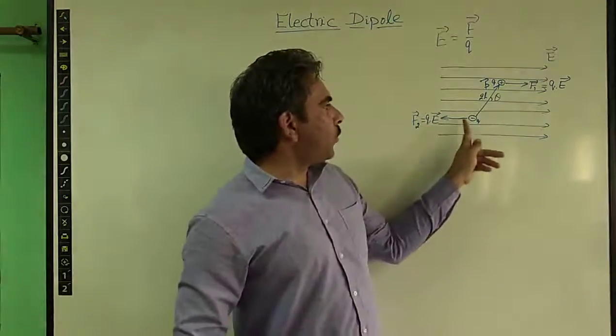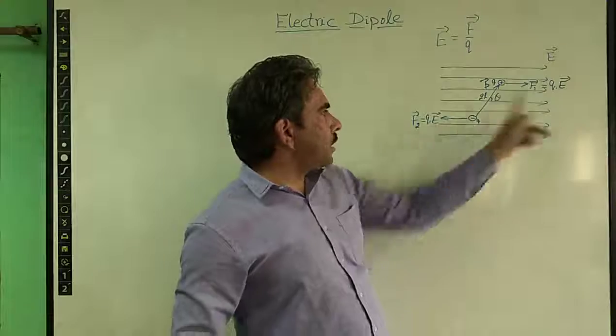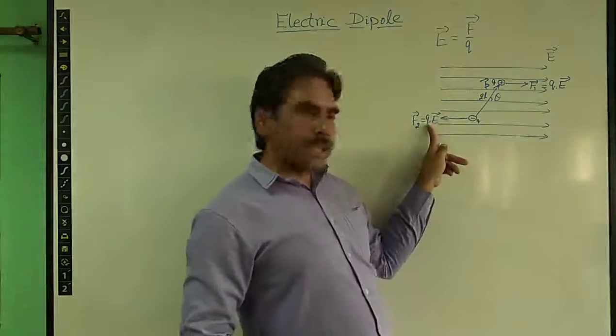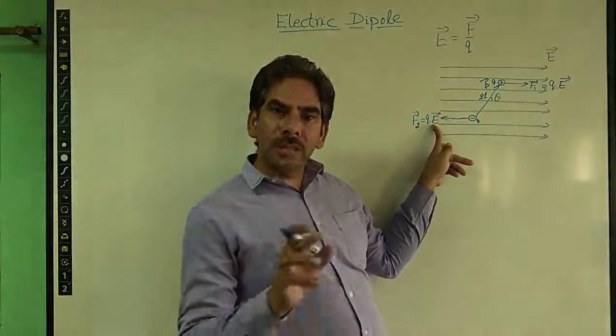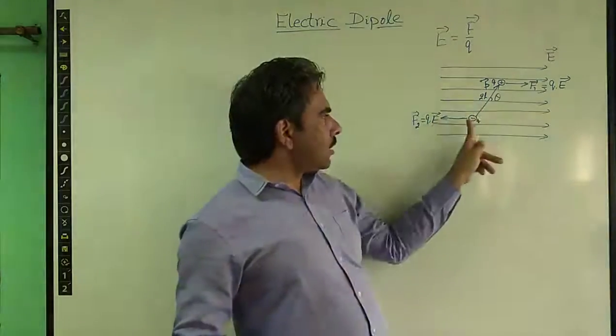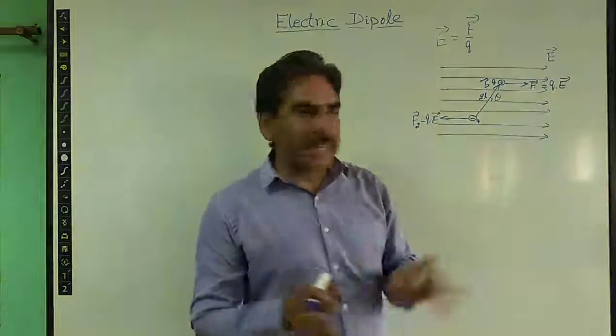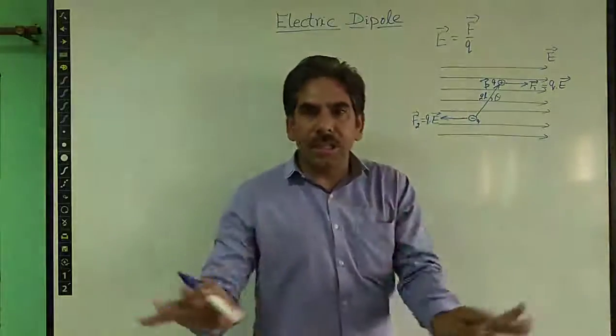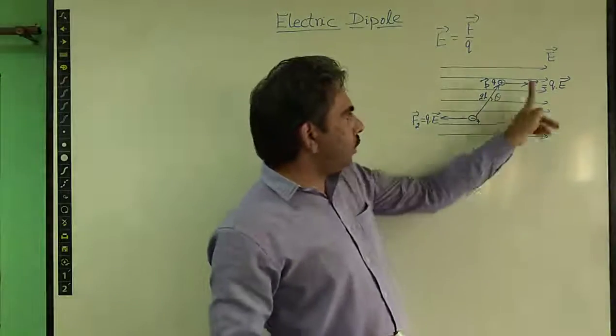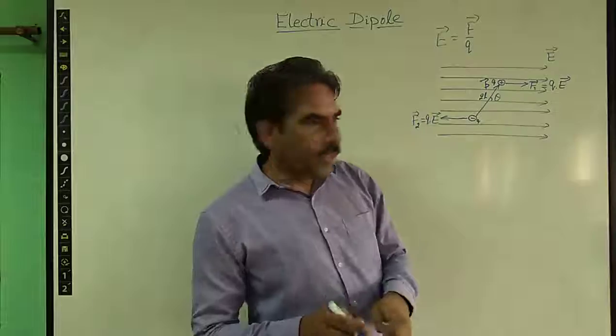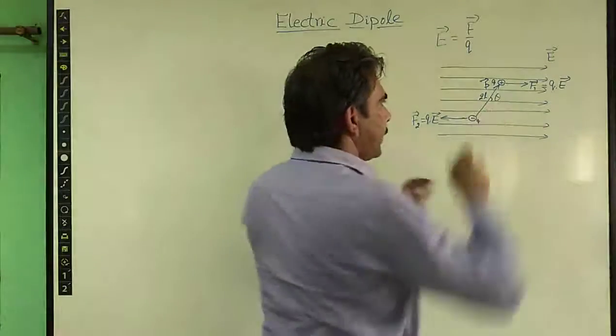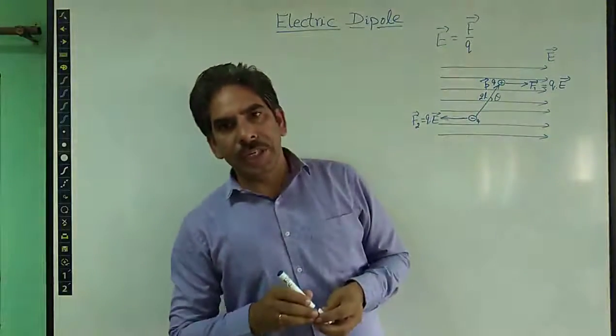This is given as Q into E. Again we can say that the forces on the positive as well as the negative charge are the same in magnitude, because the charge as well as the electric field are both the same. The charges are the same, and the electric field is uniform. Its magnitude in this region does not change. It is E here, so it is E here also. So the two forces acting on these two charges are equal in magnitude.